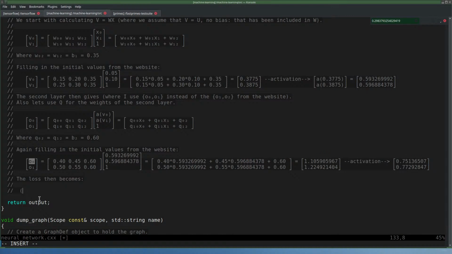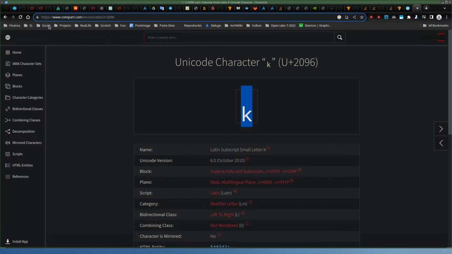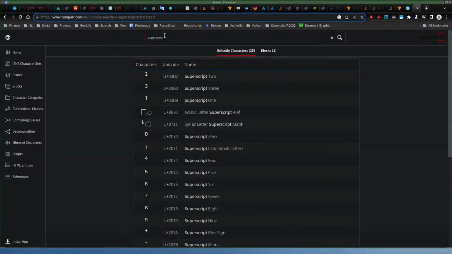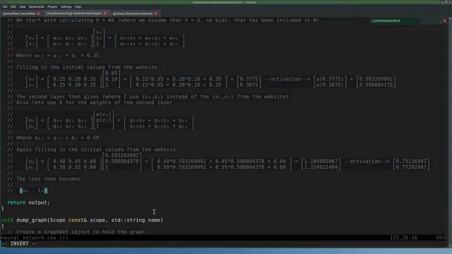So this is in this case O0 minus T0 squared plus O1 minus T1 squared, all divided by 2.